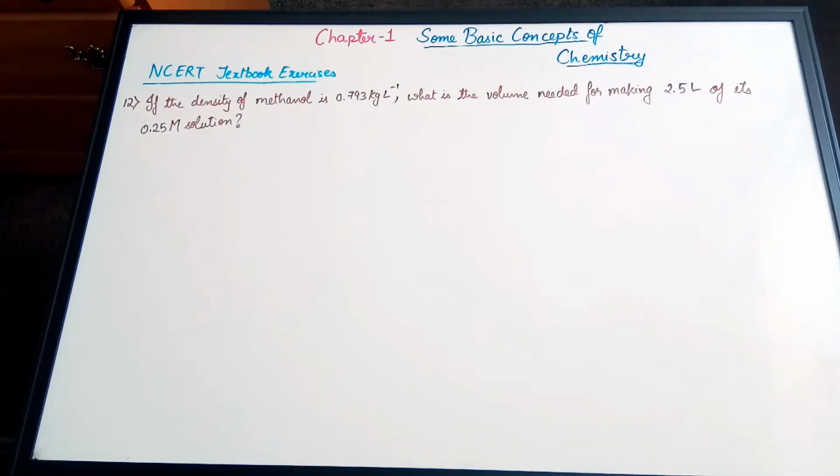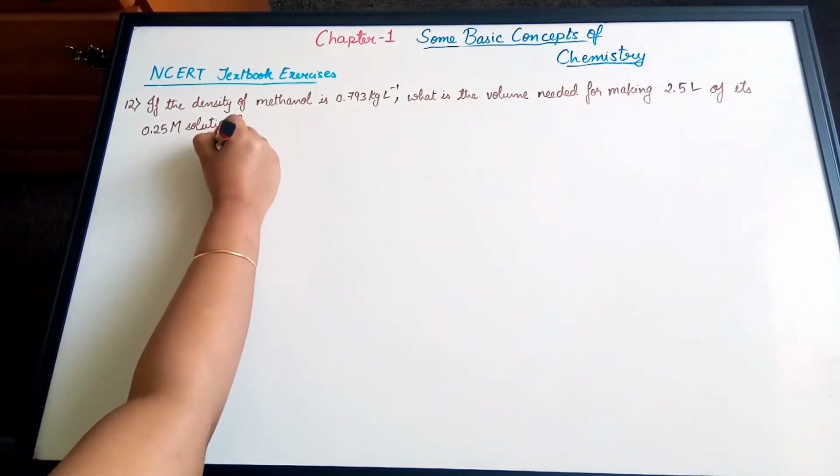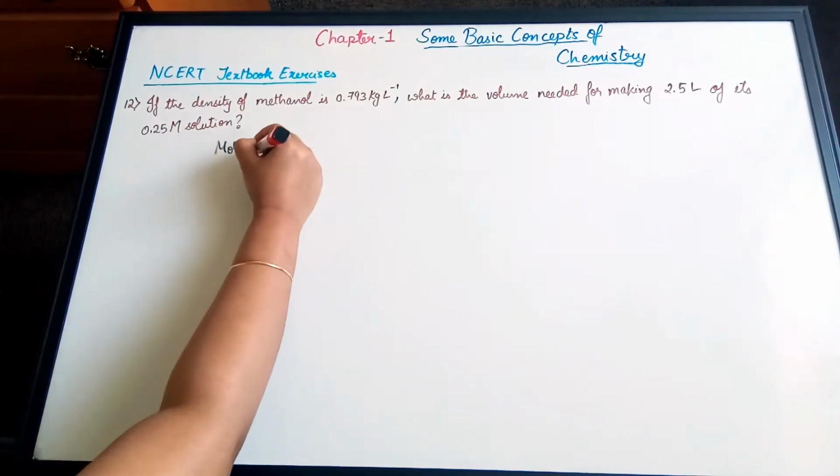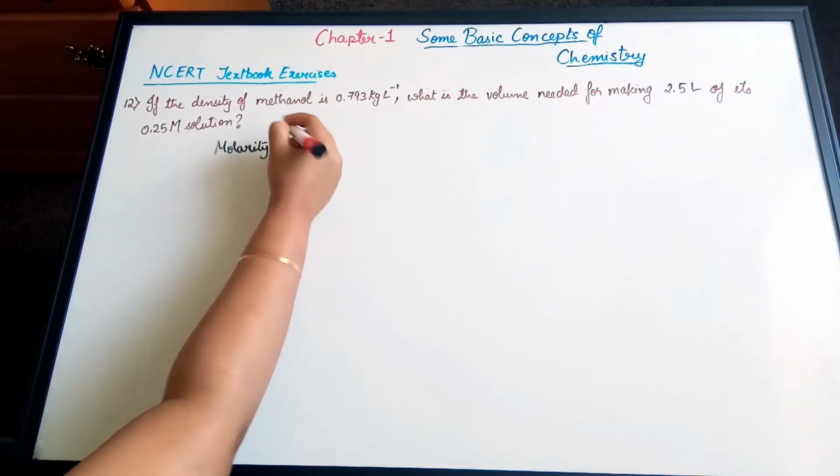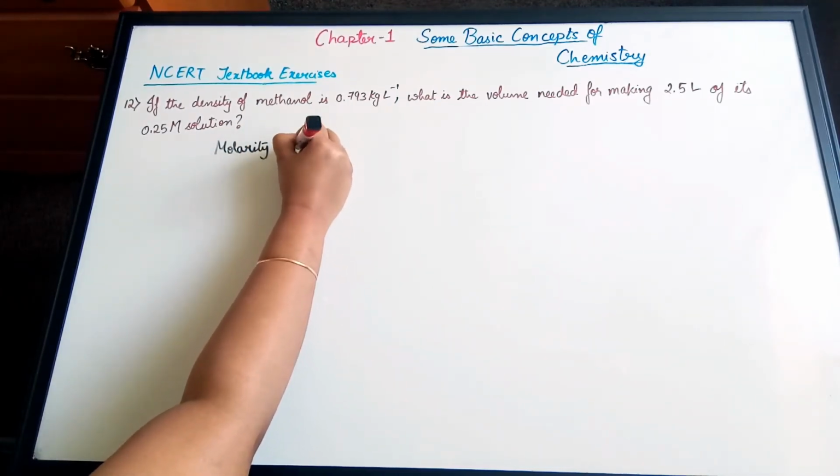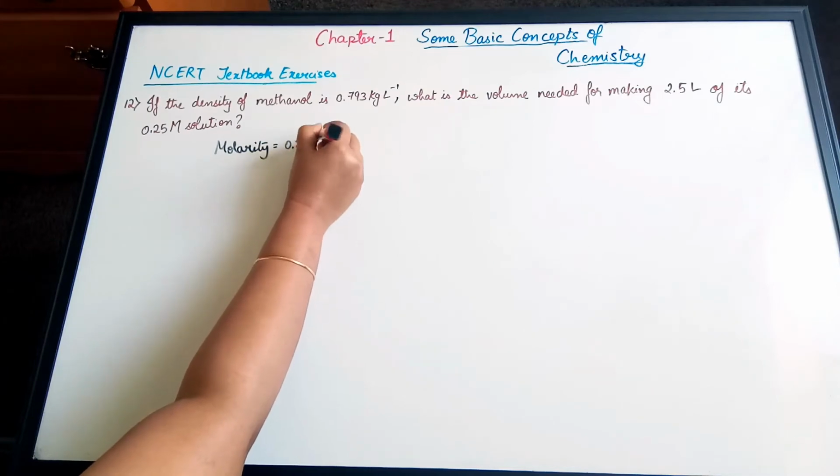Question number 11. If the density of methanol is 0.793 kilograms per liter, what is the volume required for making 2.5 liters of its 0.25 molar solution? So we've been given the molarity, which is equal to 0.25 molar.